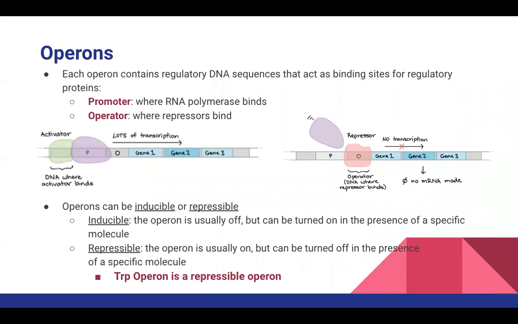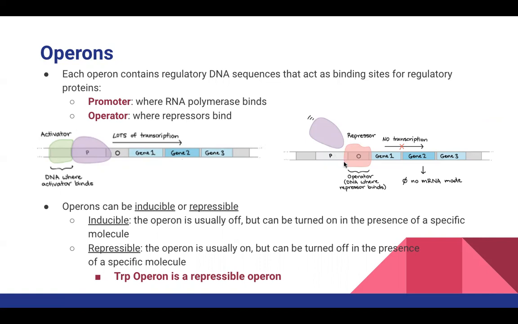And then, in terms of operons, an operon is a length of DNA that contains regulatory DNA sequences that act as a place for binding of regulatory proteins. The operon includes two sections. One is the promoter, and this is where the RNA polymerase is going to bind.